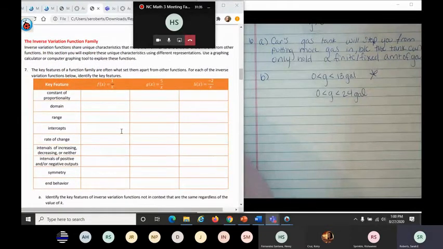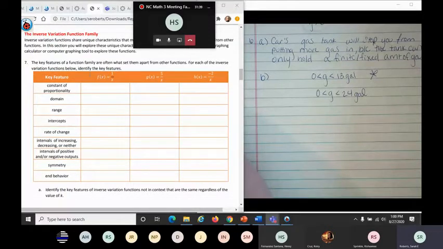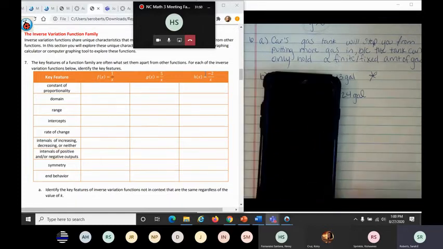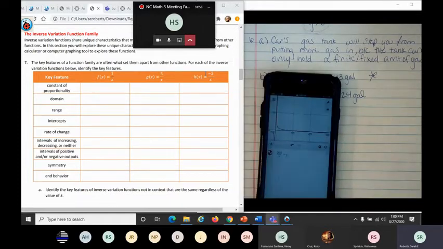So for number 7, it says inverse variation function family. So we have a bunch of different inverse variation functions right here, and it's asking you to look at the key features for each of those. Obviously all of you should be able to pull up Desmos on your computer.